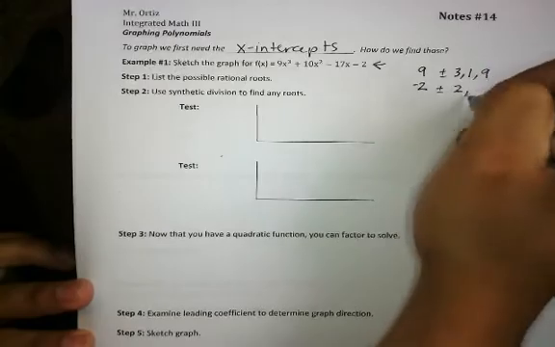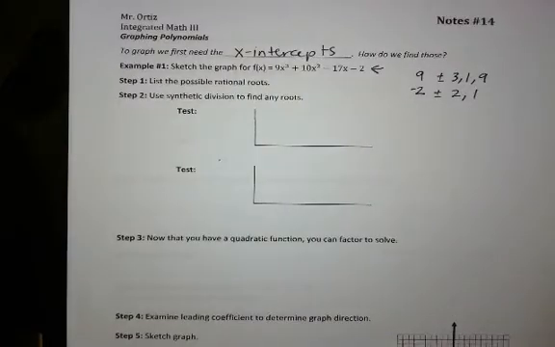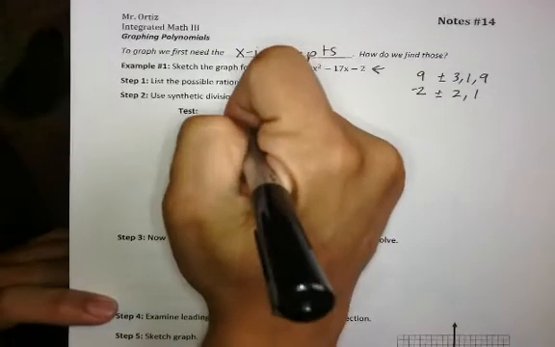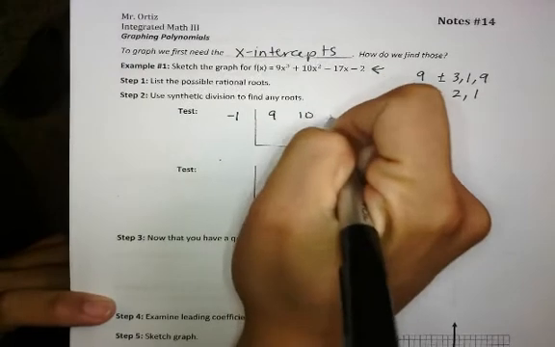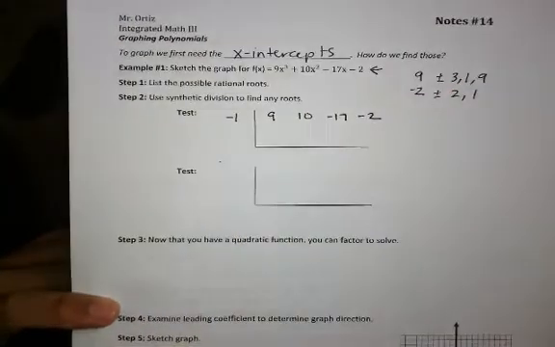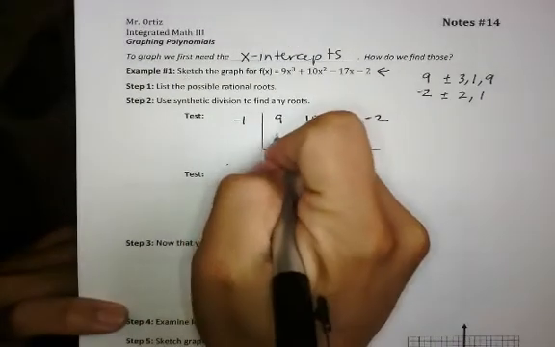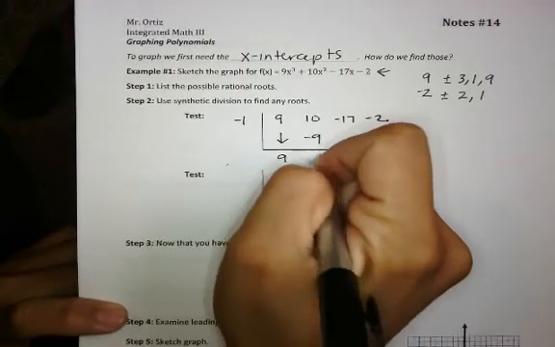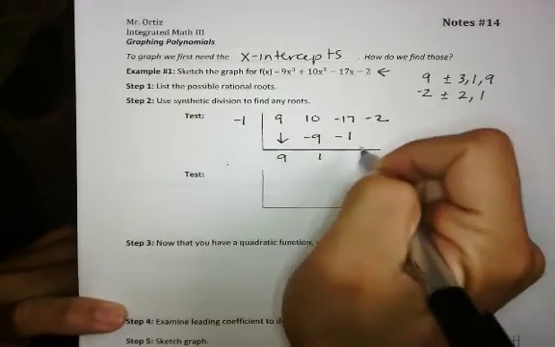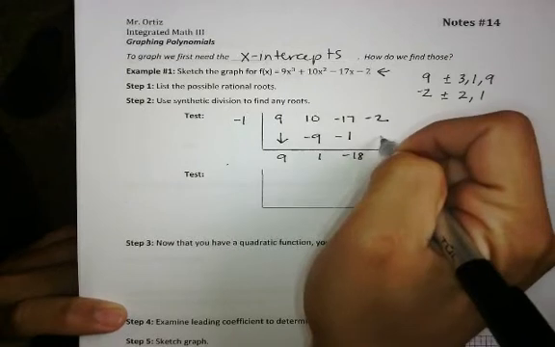So we have 9 and negative 2. So this makes plus or minus 3, 1, 9, over plus or minus 2, and 1. So my guess would be, hey, let's try -1. So we're going to list all our coefficients.